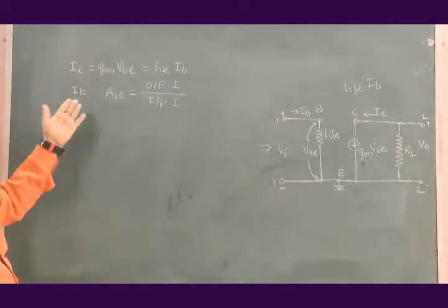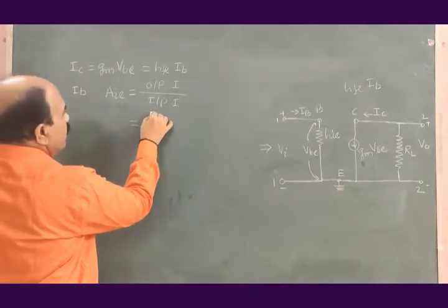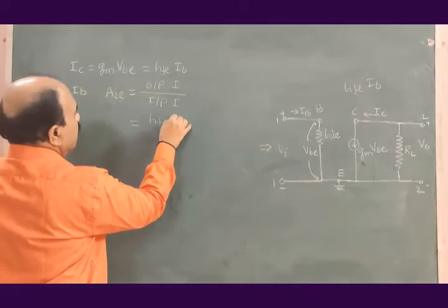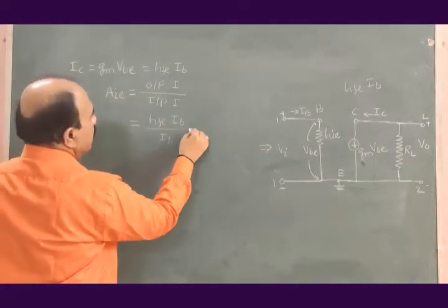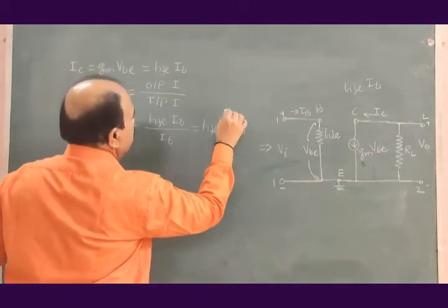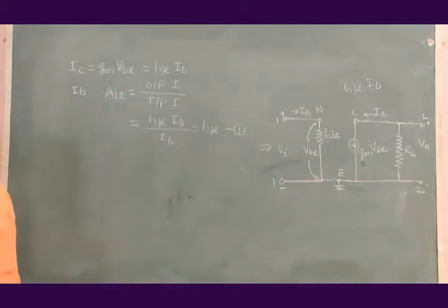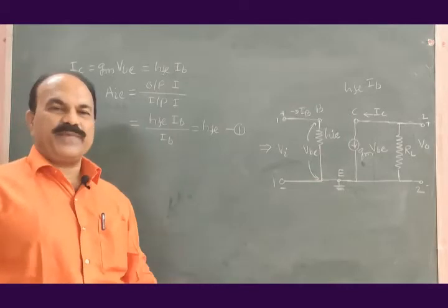Output current is this, input current is this, and so if I put these values here, HFE IB divided by IB, this is equal to HFE, equation number 1. So current gain of the common emitter amplifier is simply HFE.